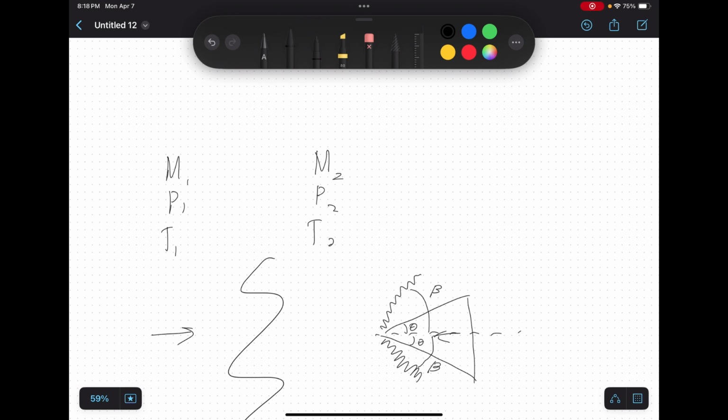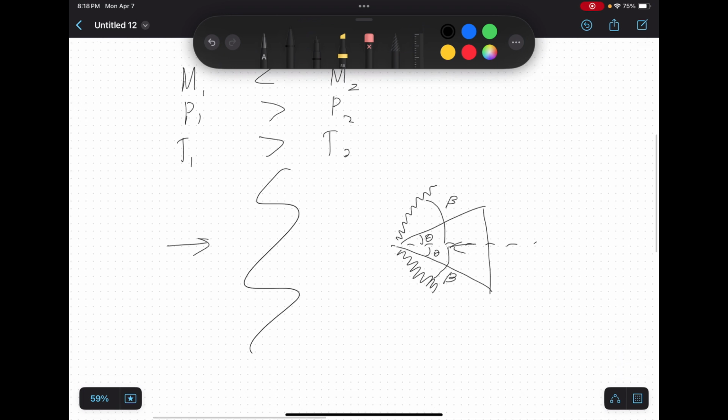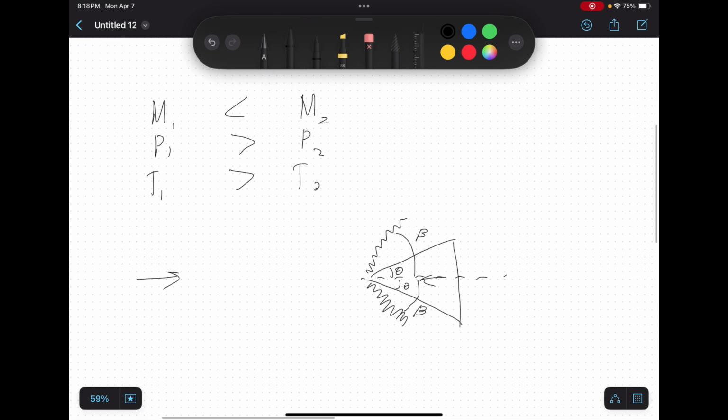A normal shockwave would decrease the Mach number, increase the pressure, increase the temperature. The exact same thing is true with oblique shocks, but they don't decrease the Mach number as much, and they don't increase the pressure or temperature as much. They do all of them, but to a lesser extent.